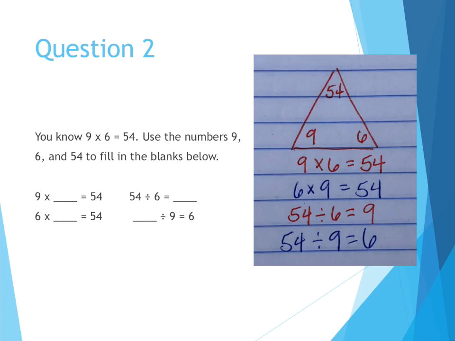I know that my 2 factors are going to give me my product, and then I can take that product and split it up into groups and get those answers as well. So for this problem, I would have 9 times 6 equals 54, and 6 times 9 equals 54. 54 divided by 6 equals 9, and 54 divided by 9 equals 6.